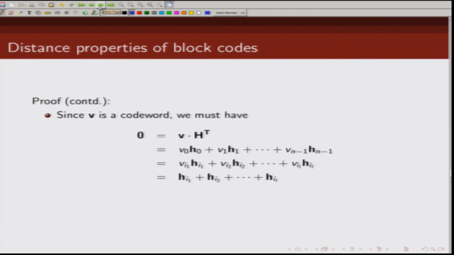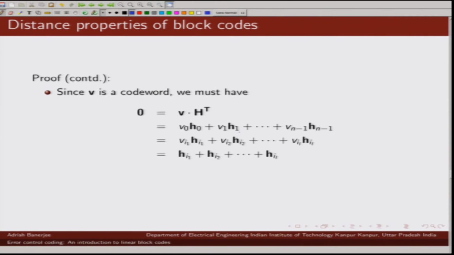Now, we know that if V is a valid code word, then V H transpose is equal to 0. This we can write as V0 times H0 plus V1 times H1 plus V2 times H2 plus up to Vn minus 1 times Hn minus 1.